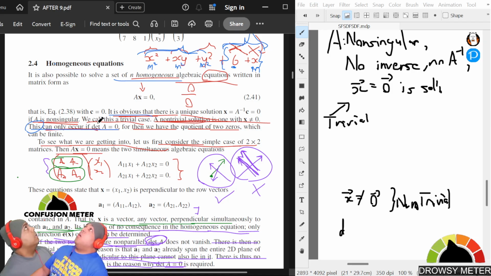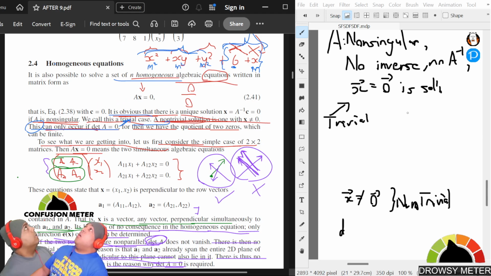What do you mean by this? Do you mean this as in trivial, or this as in non-trivial? I assume they mean this as in trivial, because if determinant A equals 0, then the inverse doesn't exist.